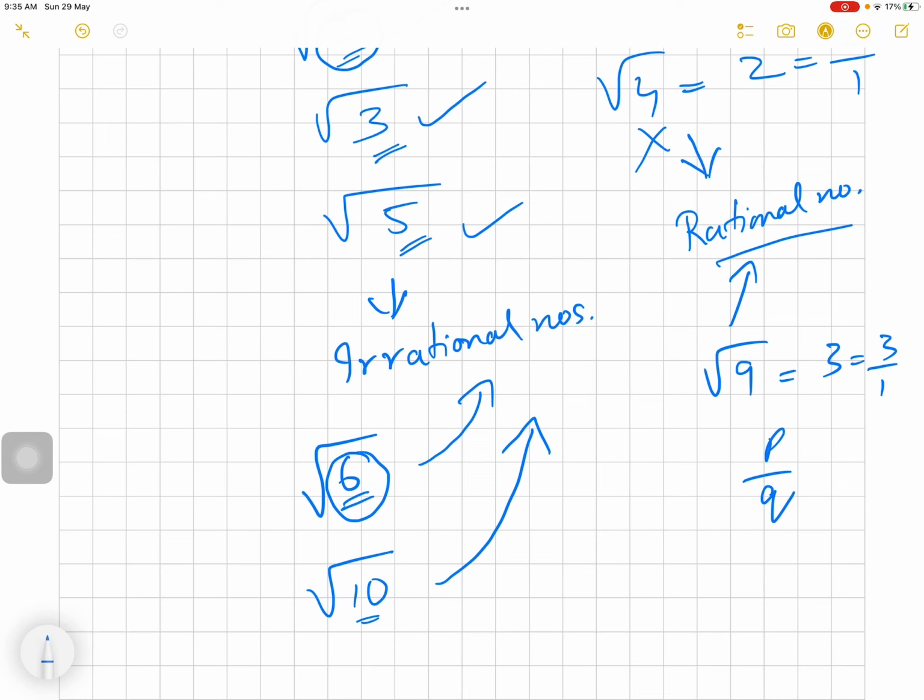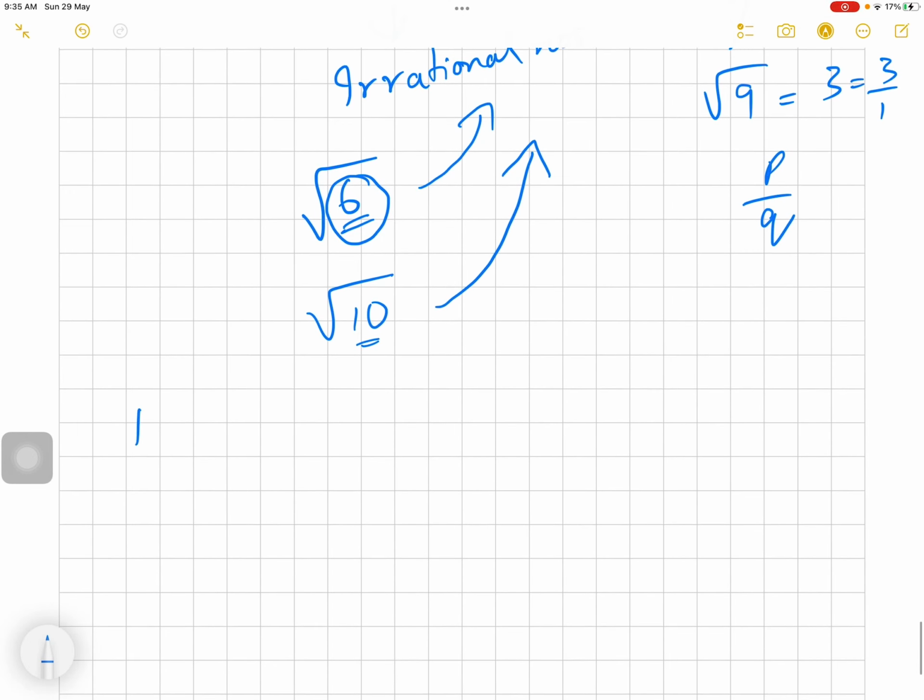So we have studied all the types of numbers. Okay, one more: real numbers. What are real numbers?